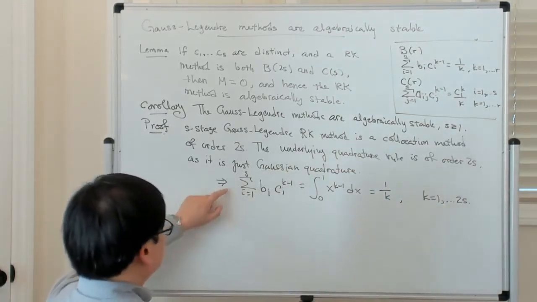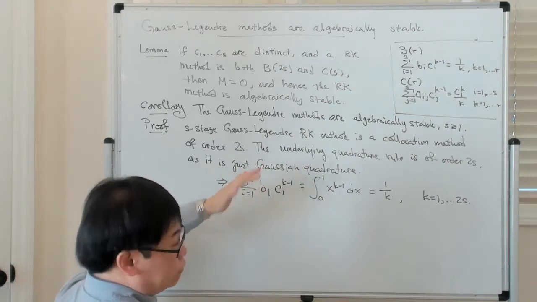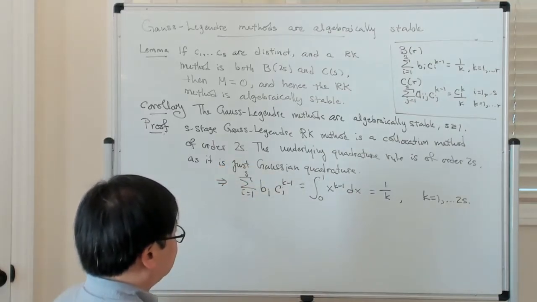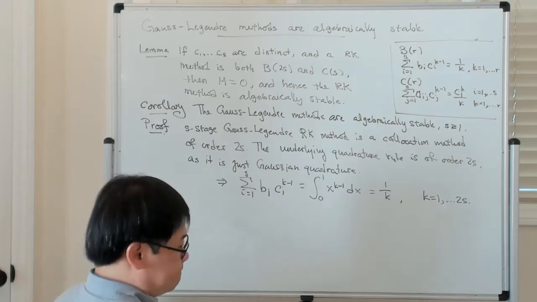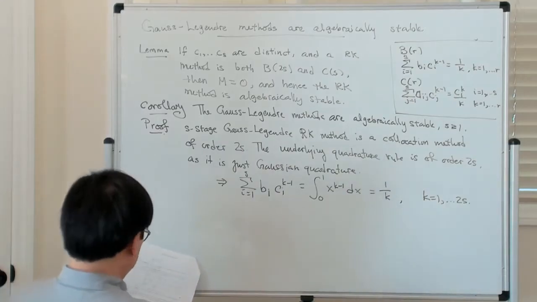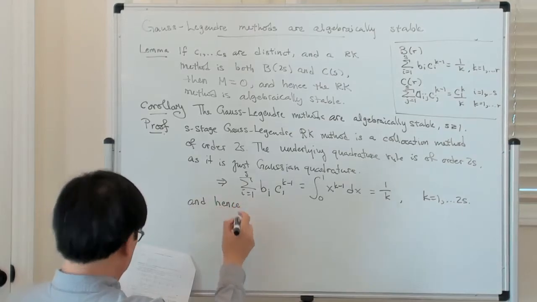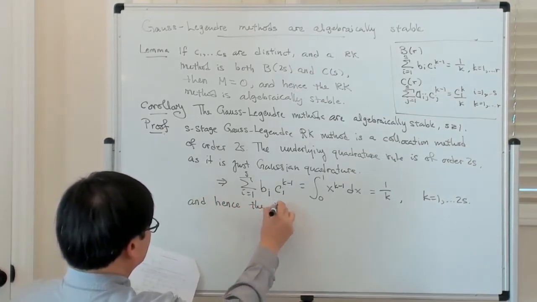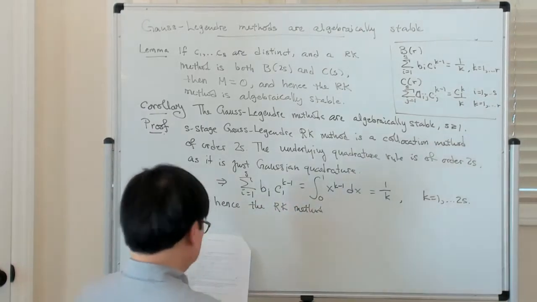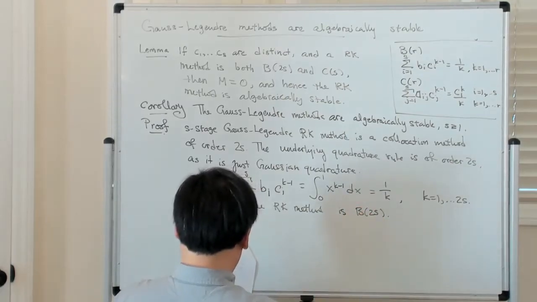Hence this means that the Gauss-Legendre method is B2S. That's not so hard.